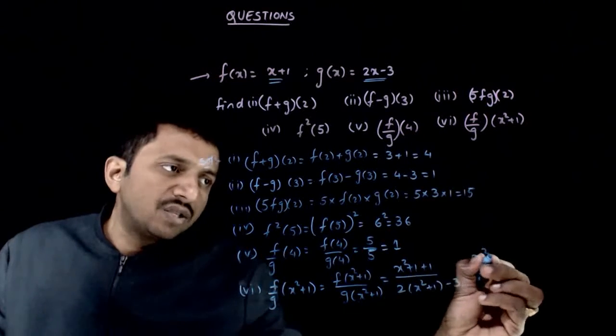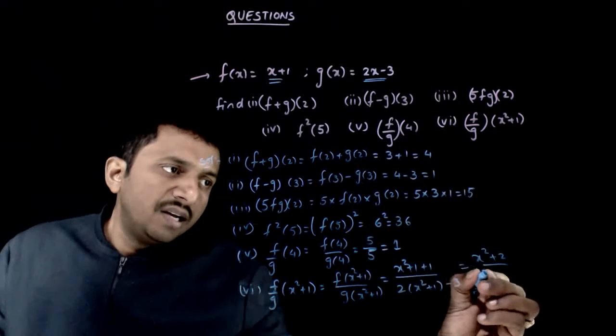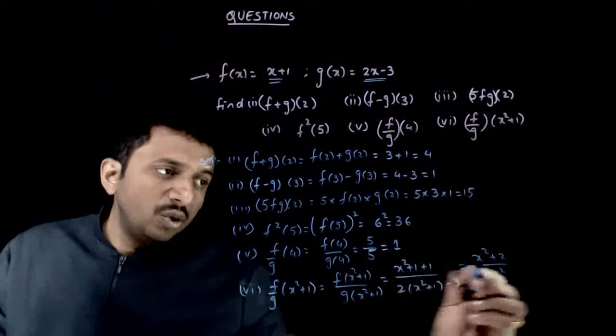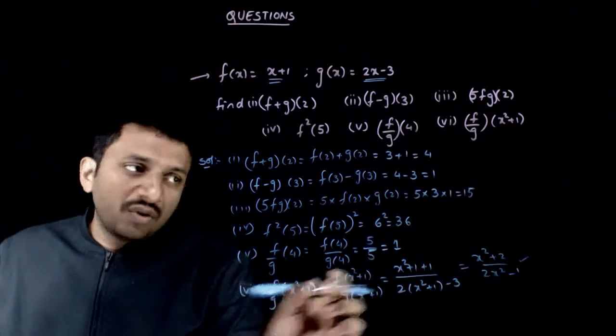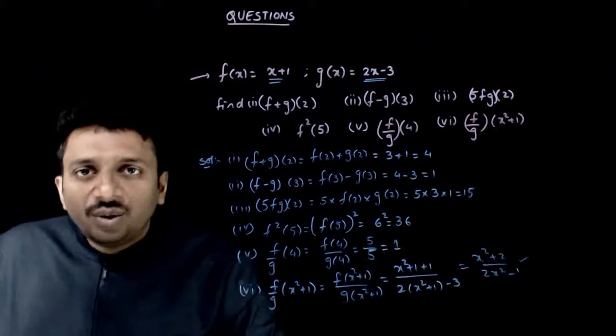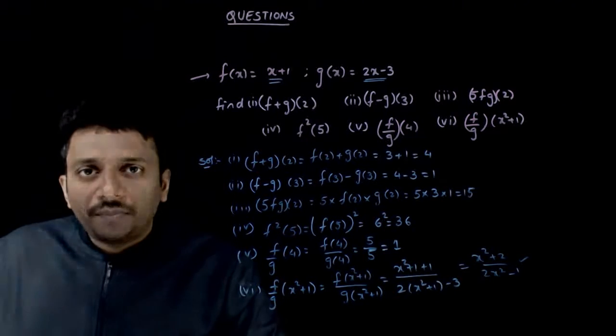That is equal to x square plus 2 divided by 2x square plus 2 minus 3, which is minus 1. So f by g of x square plus 1 is x square plus 2 by 2x square minus 1.